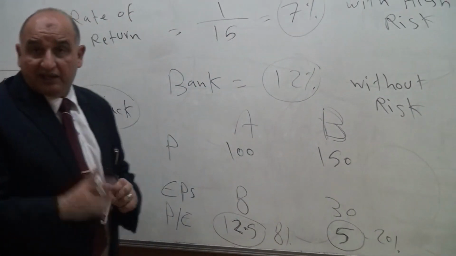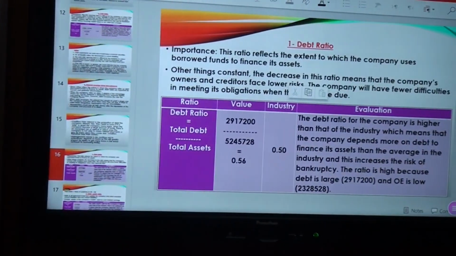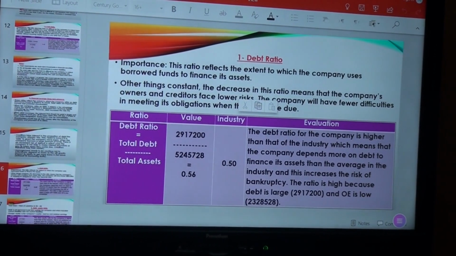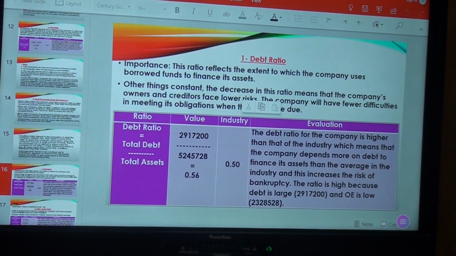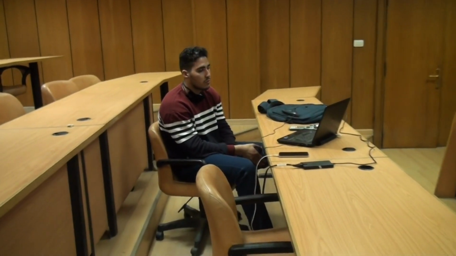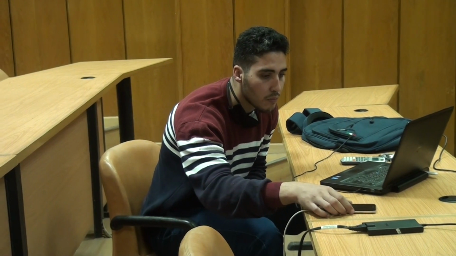Okay, last one, last equation. For today and for the whole set of financial ratios, another very important one is the price to book value, market price to book value.